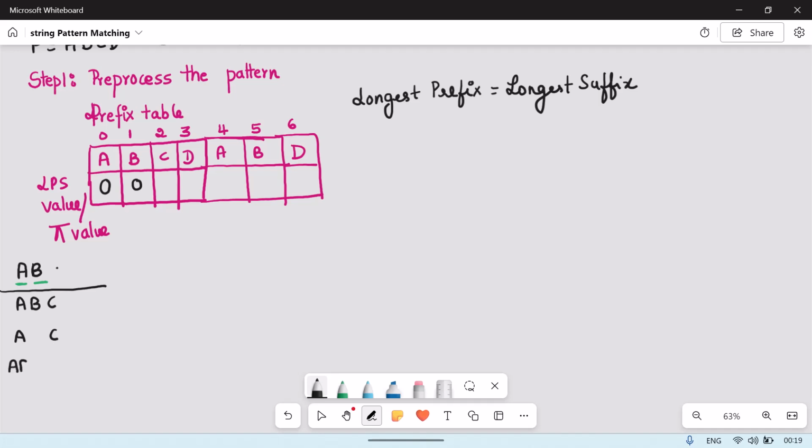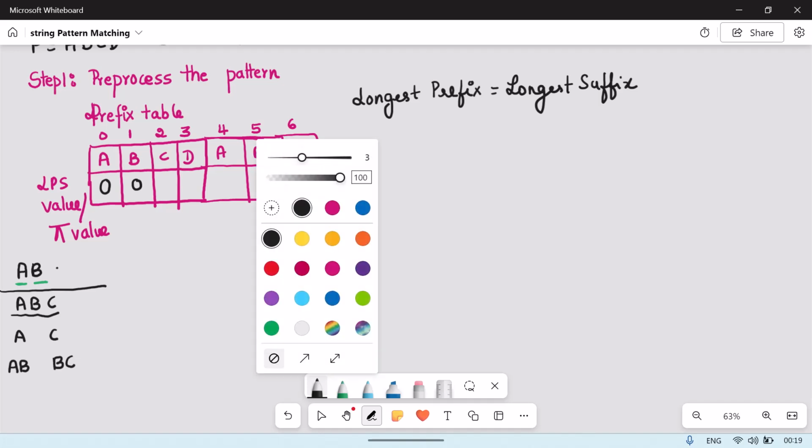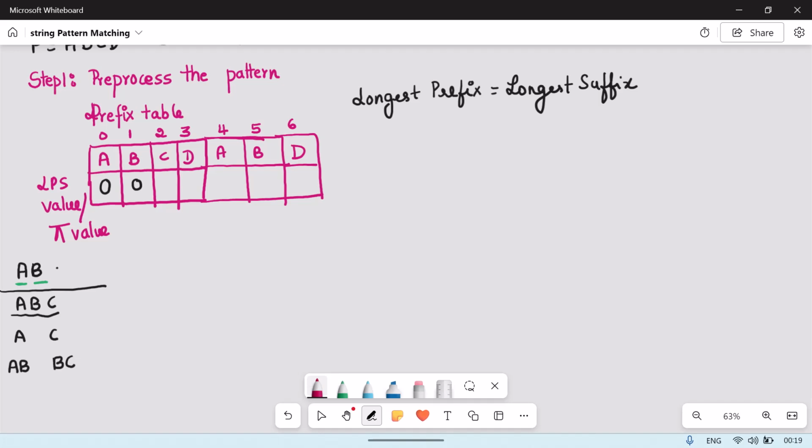So A, B from the left, from the right side, B and C. For this one, we can have these combinations: one is A and C, then A, B and B, C. Now what you are supposed to do is check if they are equal or not. If they're equal, it's a different story, but if they're not equal, you can just skip it. A and C are not equal. Fine. A, B and B, C are not equal. Fine. So none of them are matching, so here the LPS value will be 0.